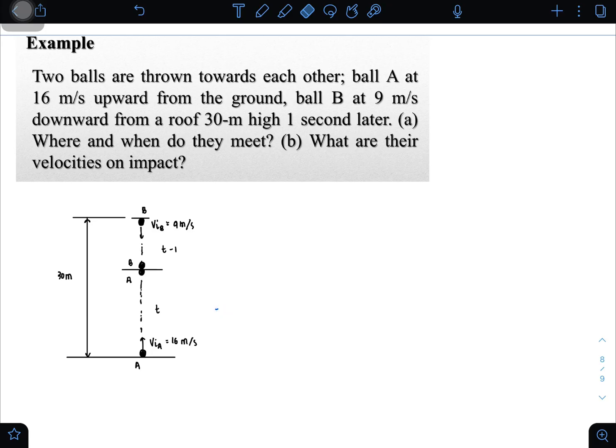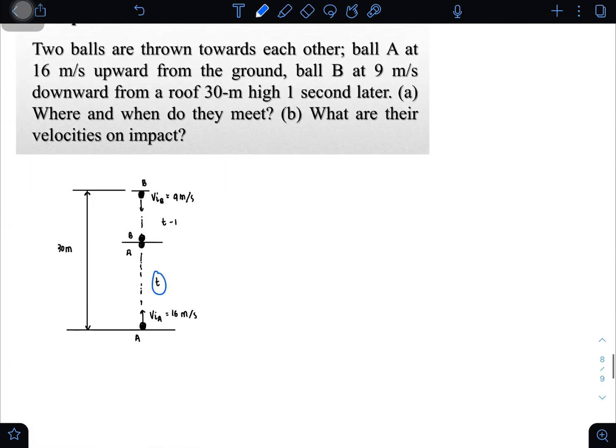But in my case, I'd like to use the time t as the time traveled by A in such a way that the time consumed by ball B is 1 second less. Okay, 1 second later it is thrown downward after ball A.